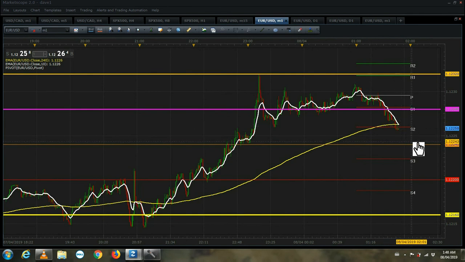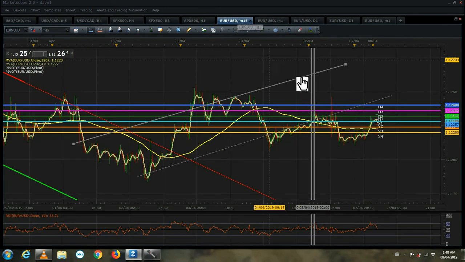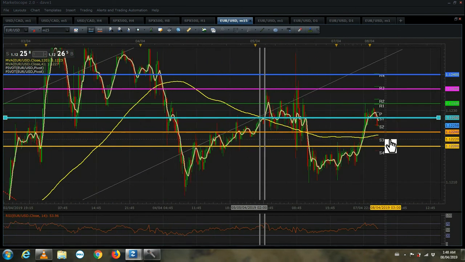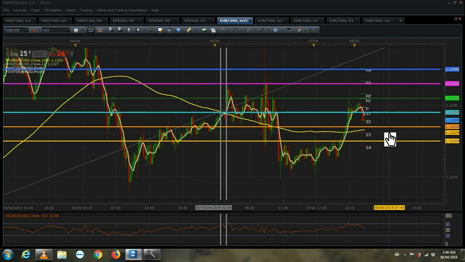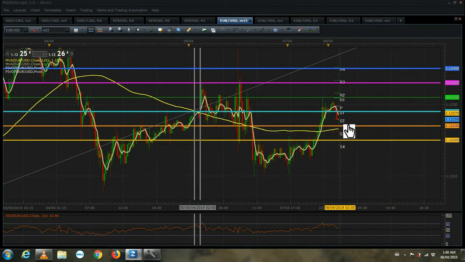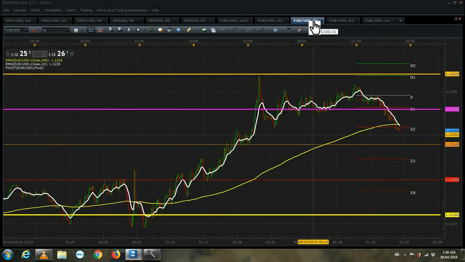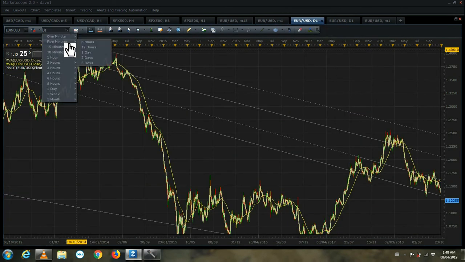Now because of this cross here on the 1 minute, and I don't really trade 1 minute charts, what I like to wait for is at least 3 confirmations of a cross before I actually confirm a downtrend. So I might stay out of a market until I get on my 15, on my 1 hour, and on my 1 minute, all 3 moving average crosses in the same direction.